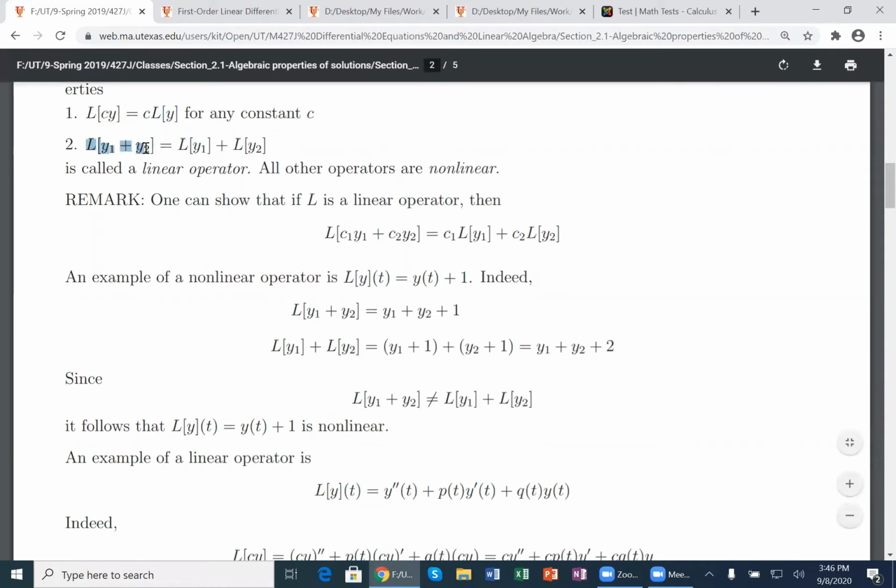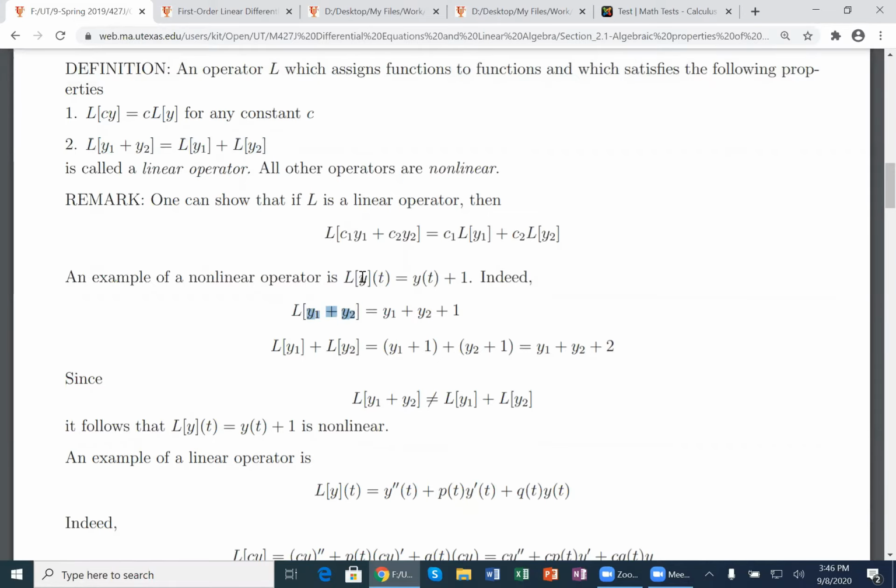We start with the left-hand side. The left-hand side is L of y1 plus y2. So, in order to jump from here to here, we replace y by y1 plus y2.